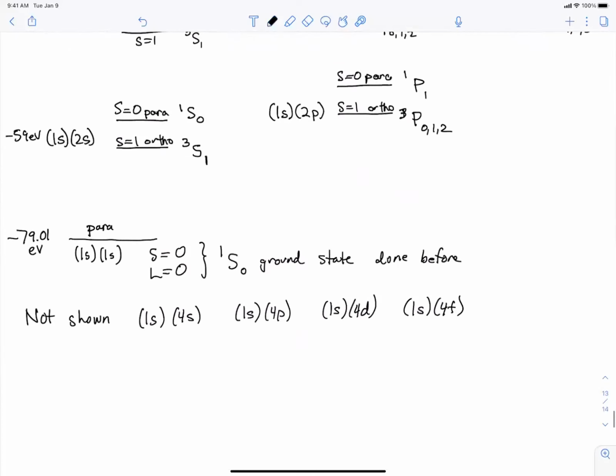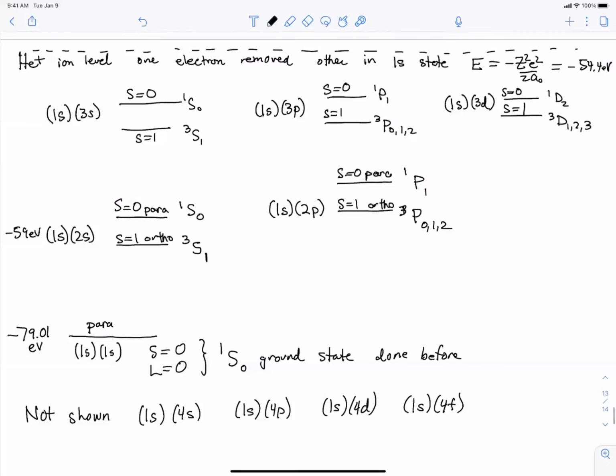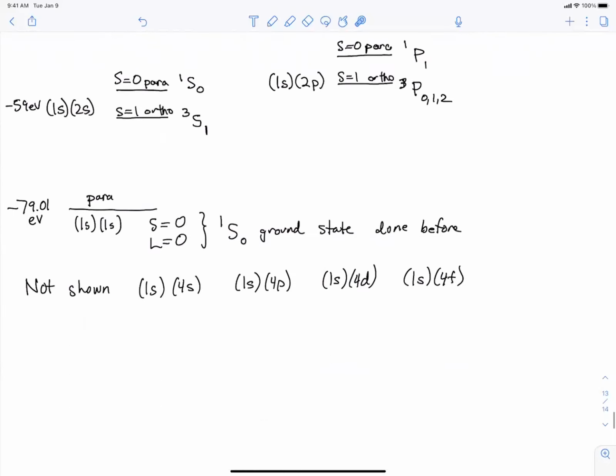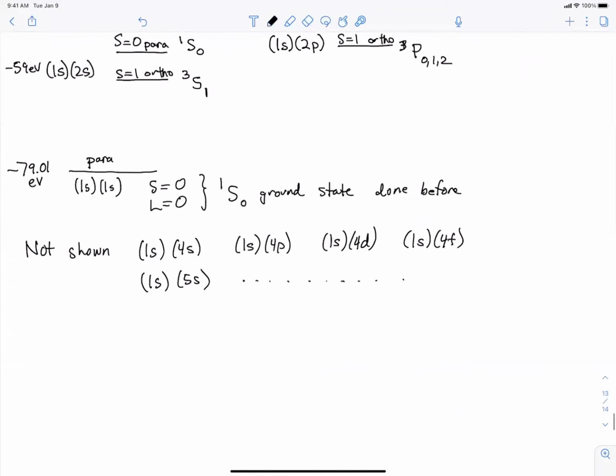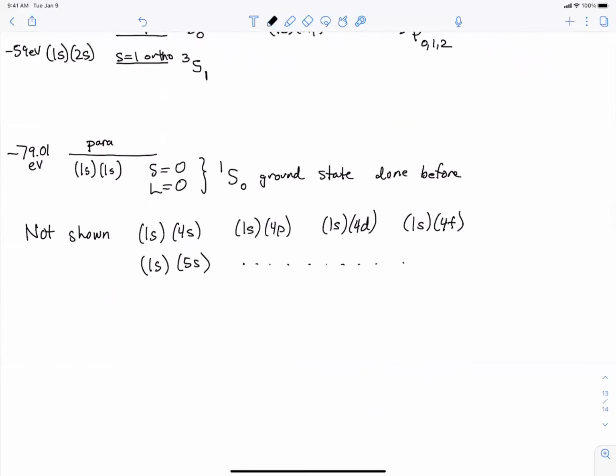Okay, so up above here, I won't draw them, but there are a bunch of other pairs of lines, and we're getting closer and closer to this ionization level. You could have, for example, 1s5s, etc. They just get closer and closer in energy to that ionization level.